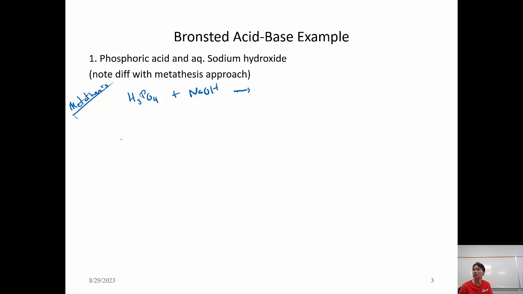Somebody have the products? Water and H2PO4. All right, when we do metathesis, this is what I'd like you to do. I'd like you to react to completion. If it's not specified, now this conflicts with what I said earlier.